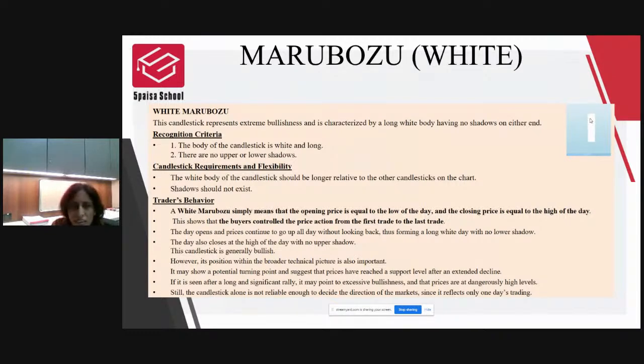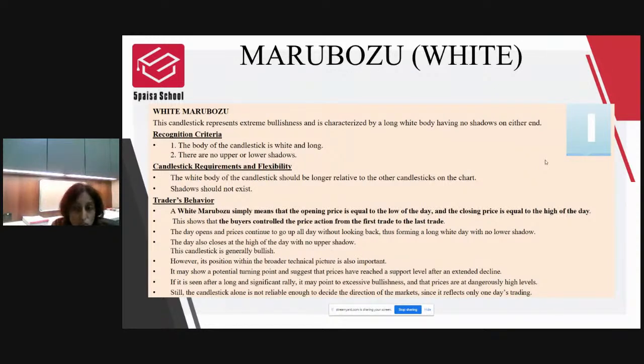Understand that before you take any call, you have to see the position with the broader technical picture. That is equally important. It may also show a potential turning point and suggest that prices have reached a support level after an extended decline. Now, if it is seen after a long and significant rally, it may point to excessive bullishness and that prices are at dangerously high levels.